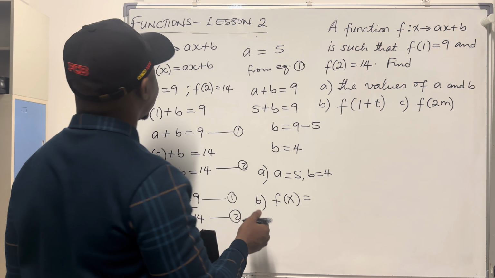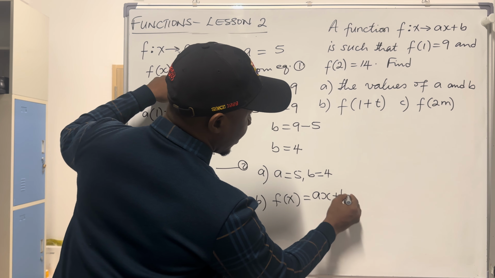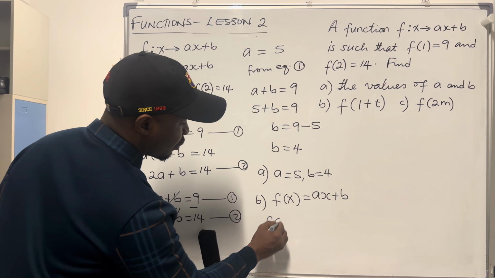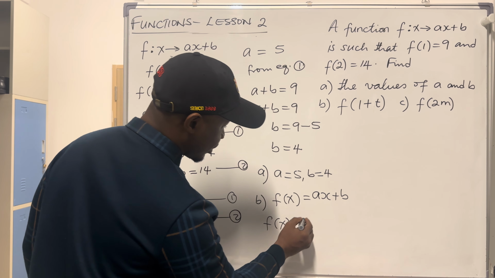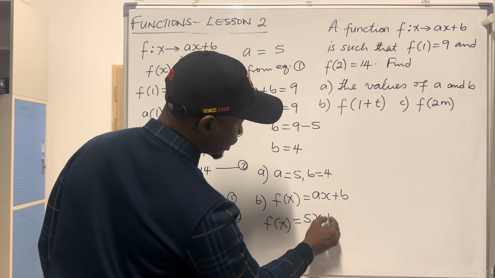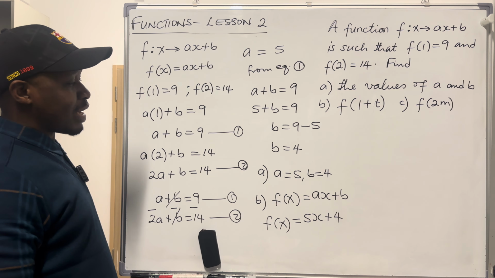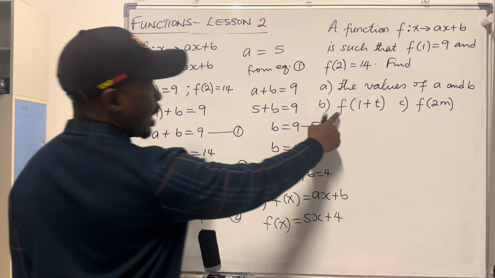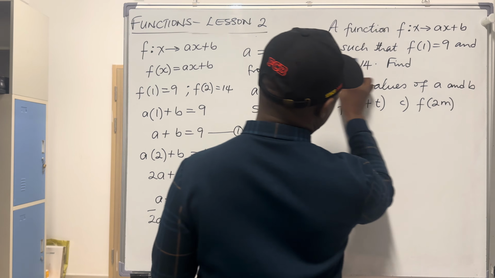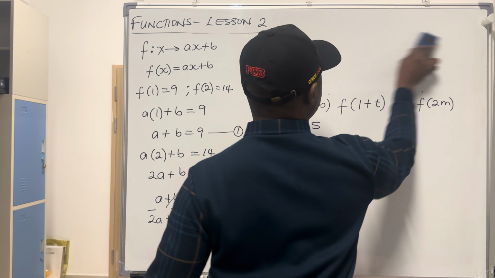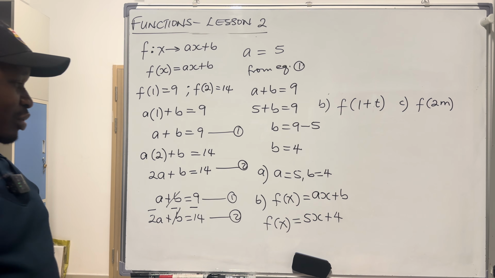F of x is given as ax plus b. So this f of x has now become, what is a? 5. 5x. What is b? 4. So we want to find f of 1 plus t.